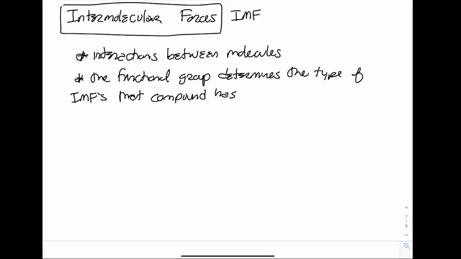Remember, our functional groups were similar structural characteristics that determine the physical and chemical properties of our substance.